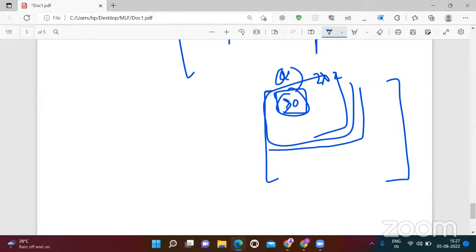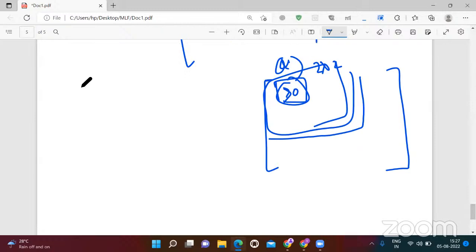In the mock, they said since it is a symmetric matrix and all eigenvalues are positive, hence it will be a positive semi-definite matrix. If all the lambda i are greater than or equal to 0, this was the condition.